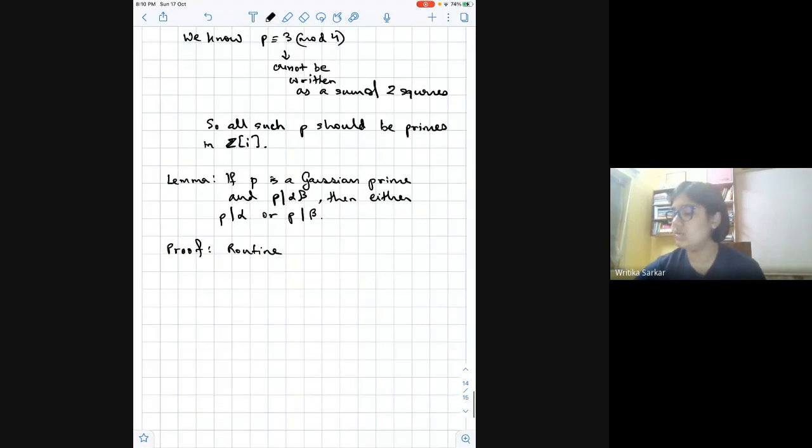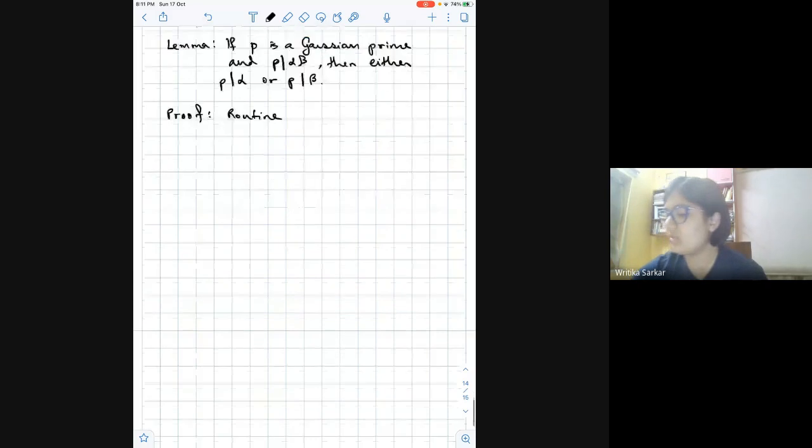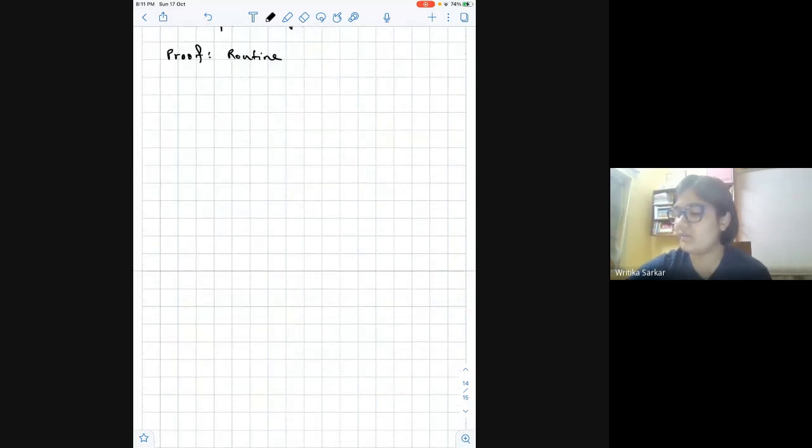All right. So using this, at this point, I think I should just go to the unique factorization.